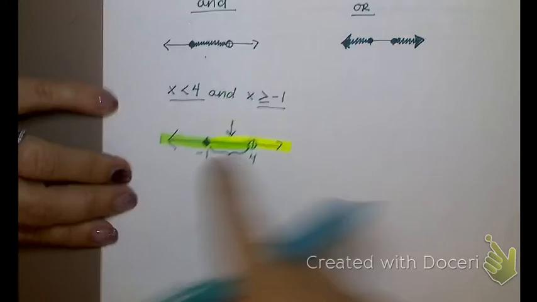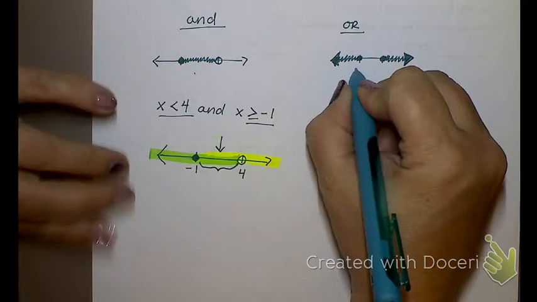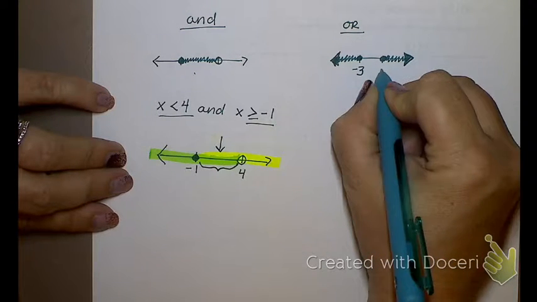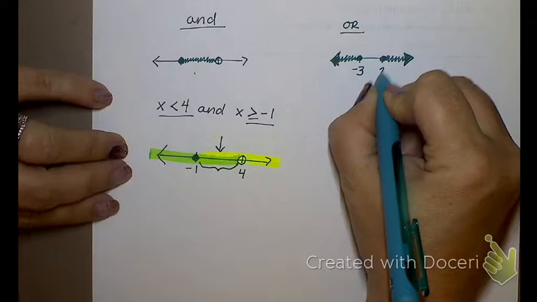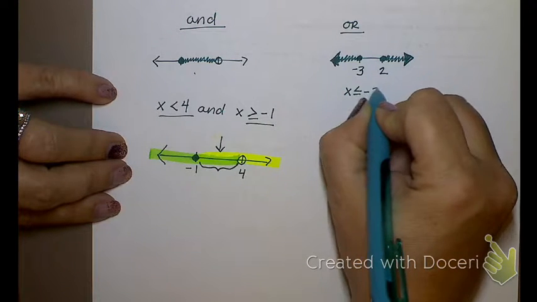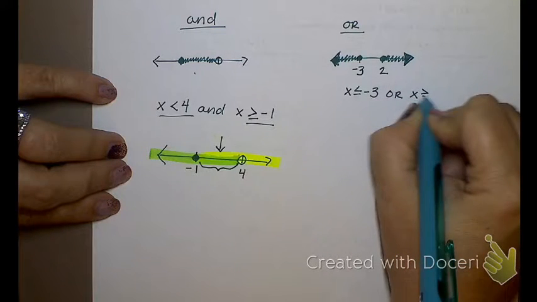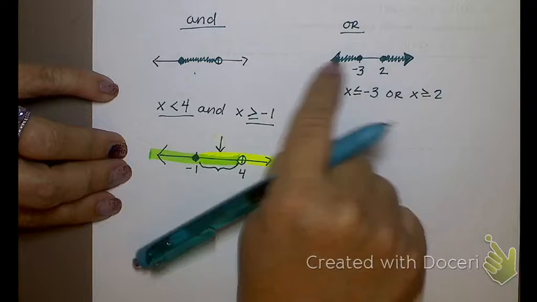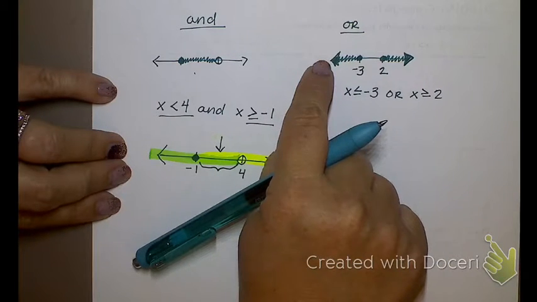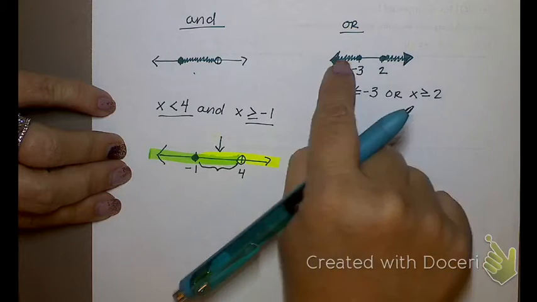Yes. When we have or, it's slightly different. For example, if this was -3 and this was +2, this would be x is less than or equal to -3, or x is greater than or equal to 2. Less than or equal to -3 is shaded to the left. Greater than or equal to 2 is shaded to the right. There is no overlap there.